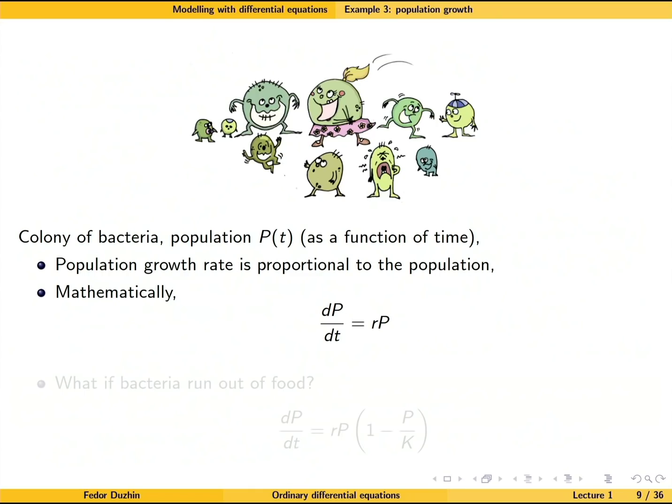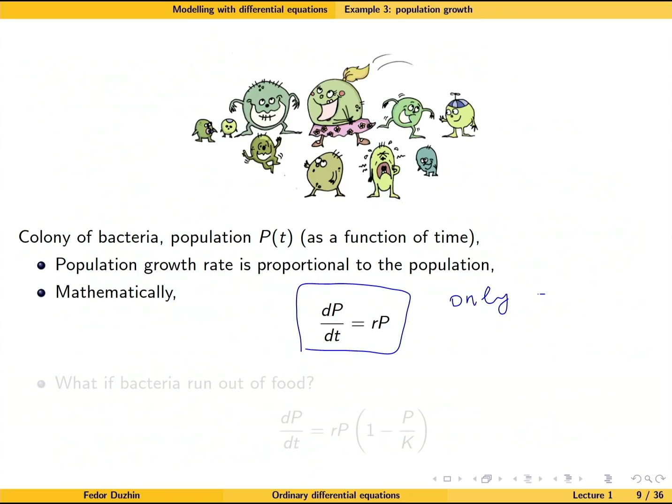Otherwise, they would just increase faster and faster, and then eat up everything in the world, and then they would have to eat everything in space, and so on. So this law is true only when resources are plentiful.